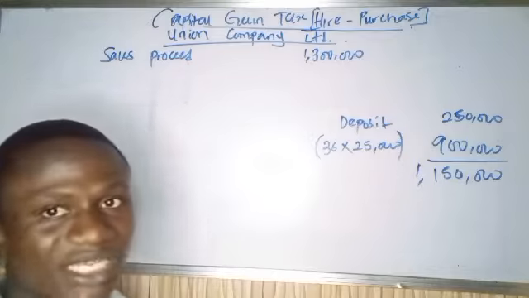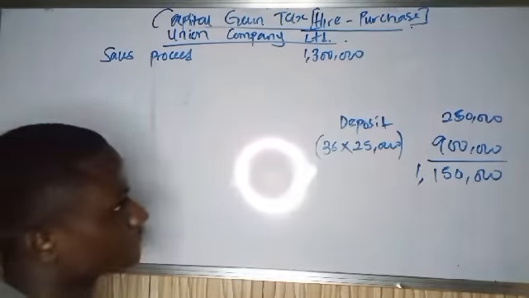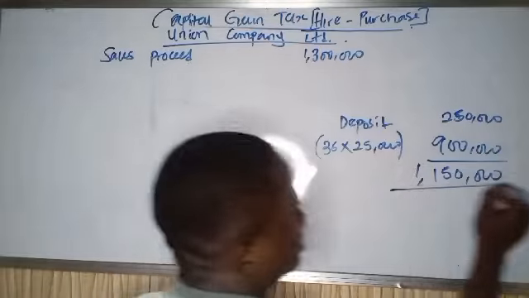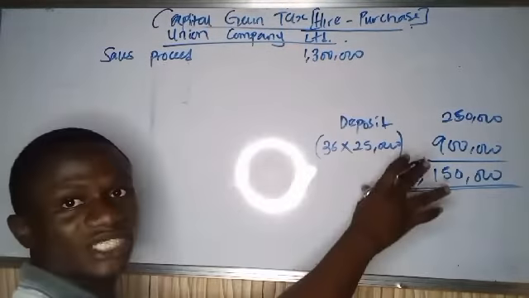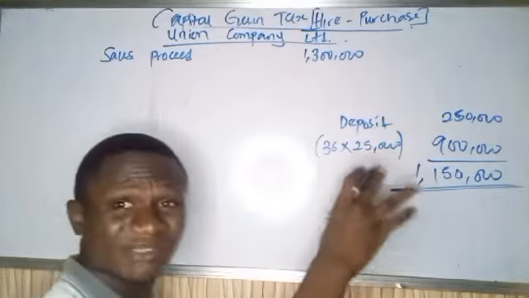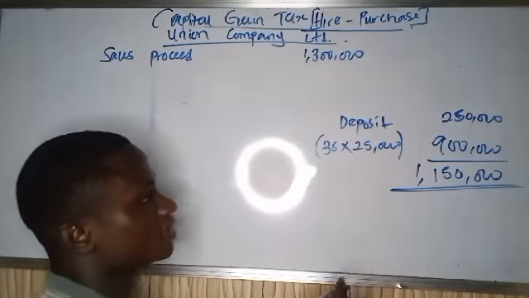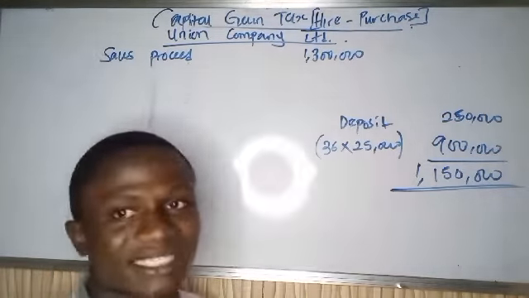Now let's do another rough calculation. I'll take you step by step so you get it. This one is just to get the hire purchase value, that means the amount they are selling it for, because he's buying it on hire purchase. So now let's go back to the market value of the asset.